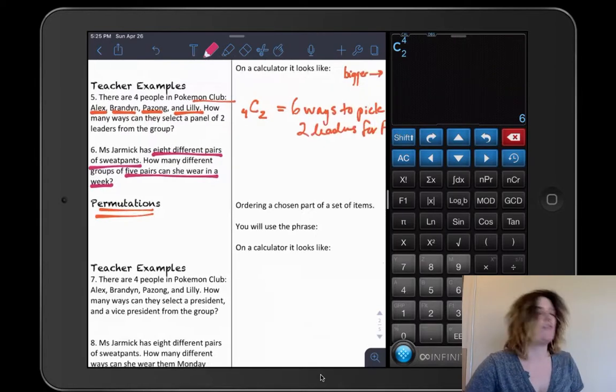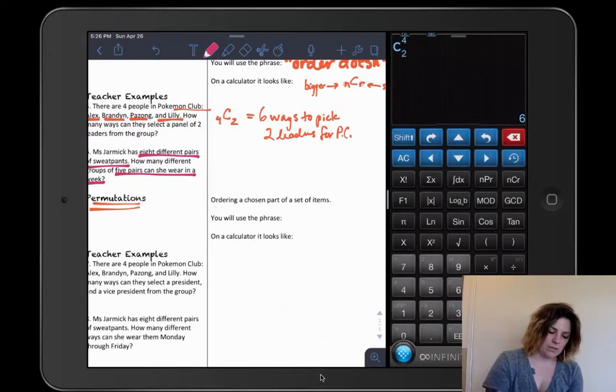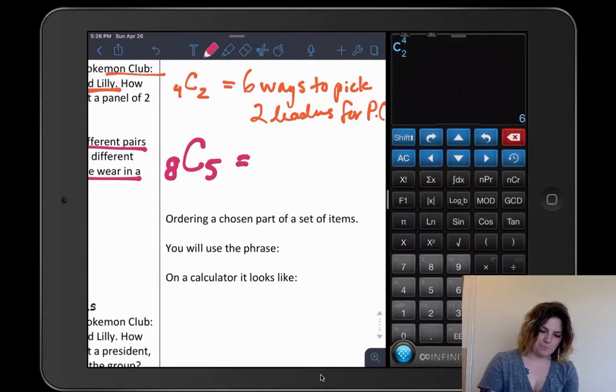So if I have 8 sweatpants, then I need 5 pairs to wear throughout the week, Monday, Tuesday, Wednesday, Thursday, Friday. So how many different ways can I pick those? It doesn't say anything about how many ways can she put them in order, right? From Monday through Friday. It just says how many ways can you pick the 5 that you're going to wear. So we have 8, and we're going to choose 5 from them.